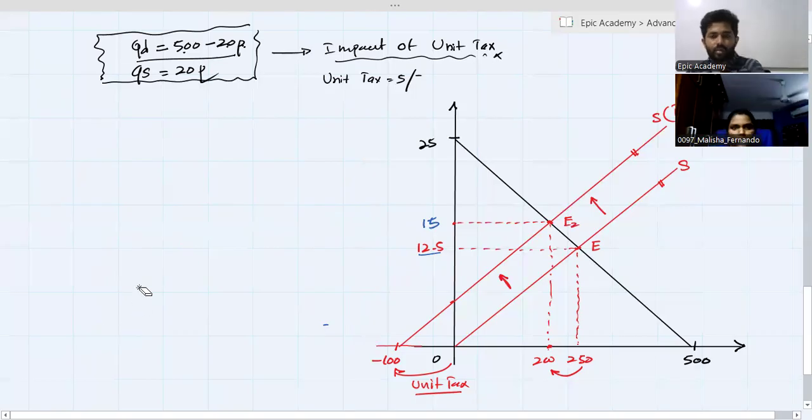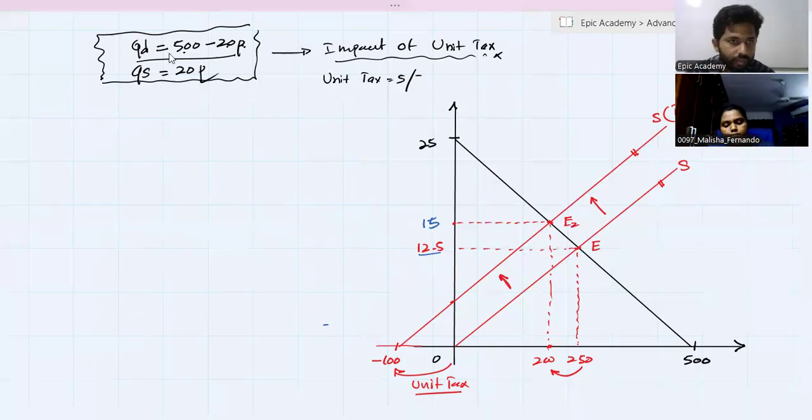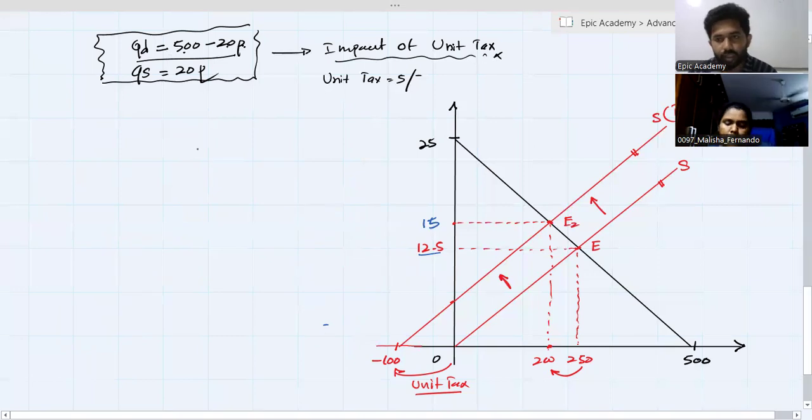Next one. Just consider before the tax, how much is the consumer surplus? Before the tax, how much is the producer surplus? We have to calculate all those things in the exam paper. It is very important. Just try to grab the important topics, important tips.